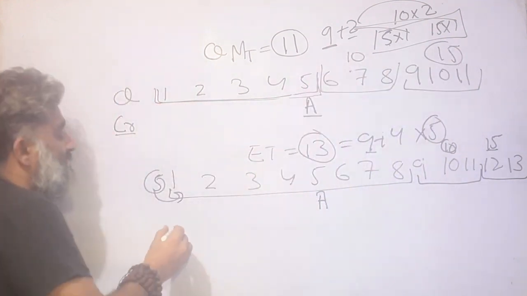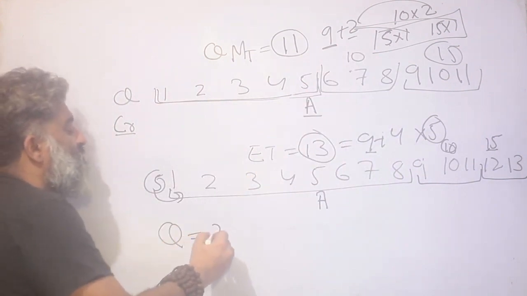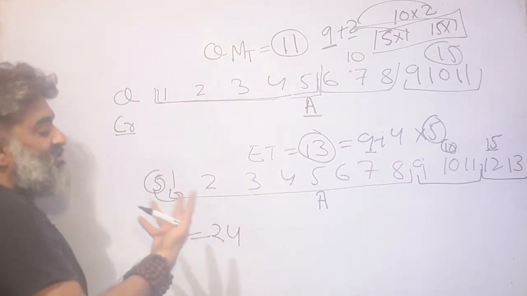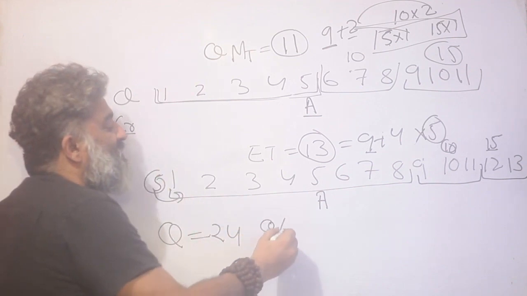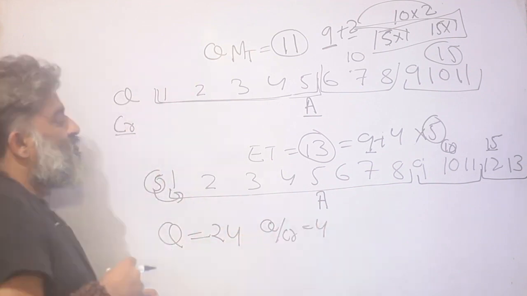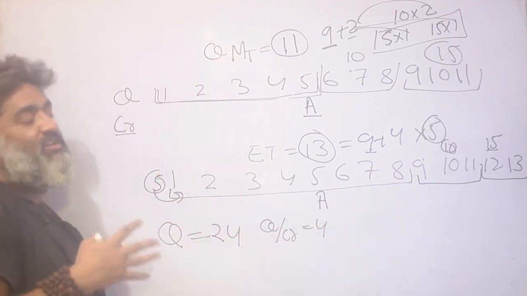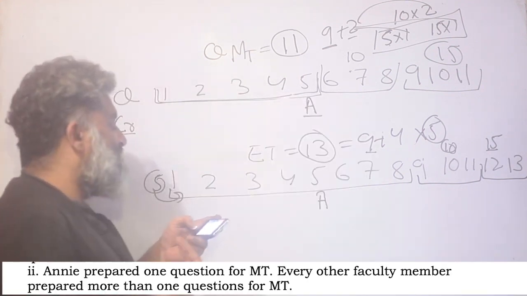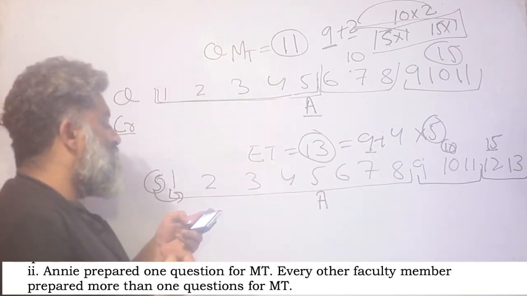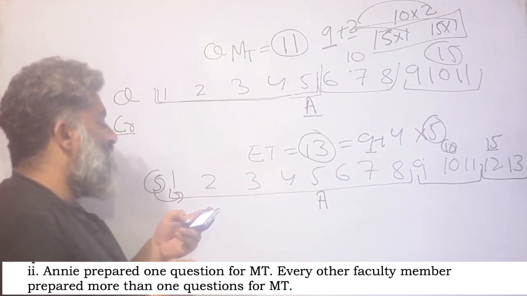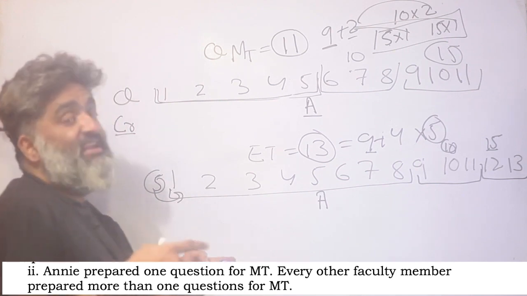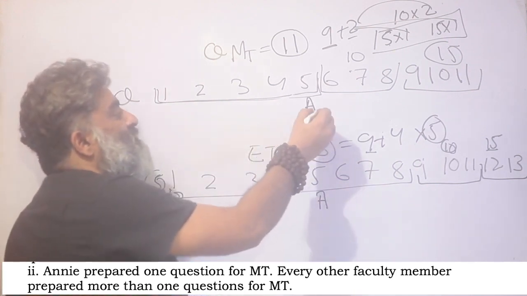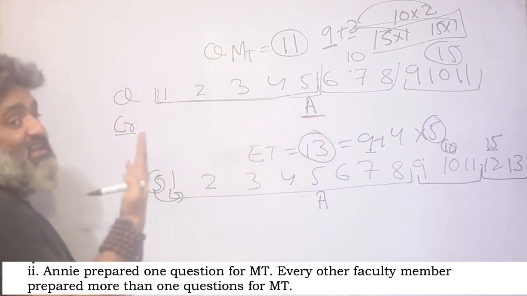Remember, somewhere we also figured out that the total number of questions is 24. There are 6 people, so questions per creator is equal to 4. So I also know that everybody has created 4 questions in the story. The second rule said Annie prepared 1 question for MT. Every other faculty member prepared more than 1 question for MT. Annie only prepared 1 question for MT. That means Annie has 4 questions.